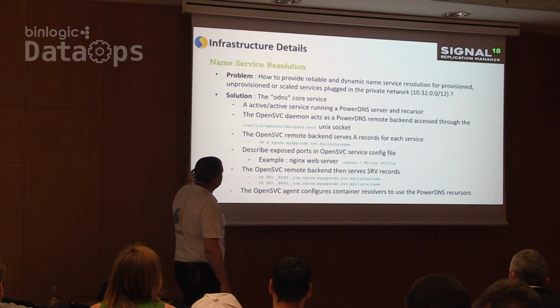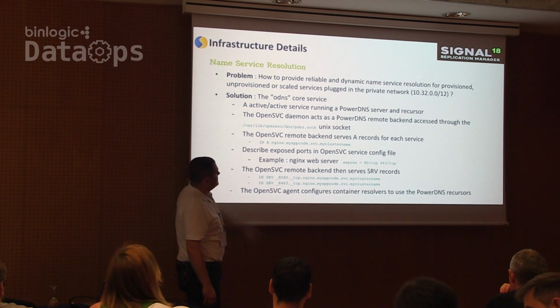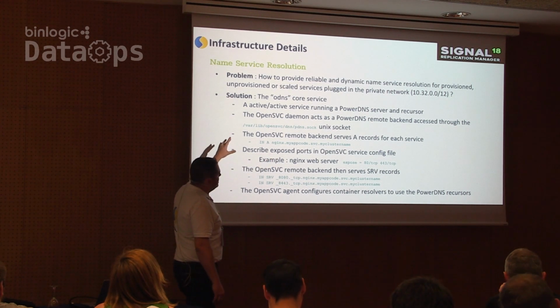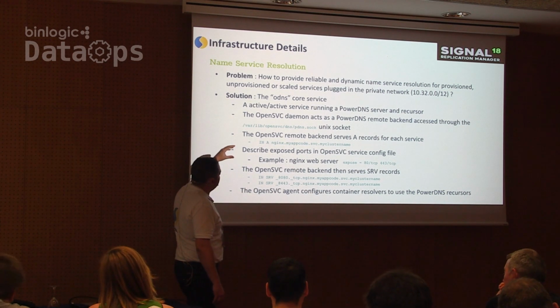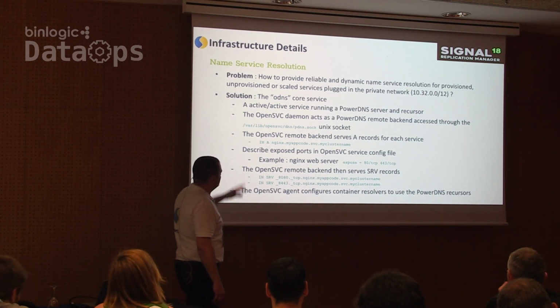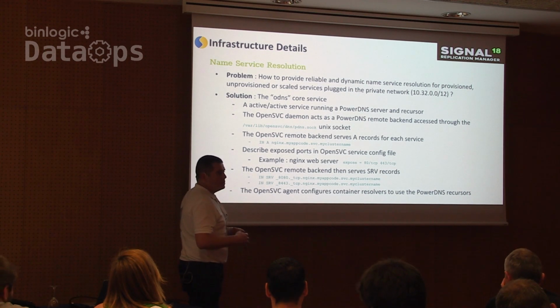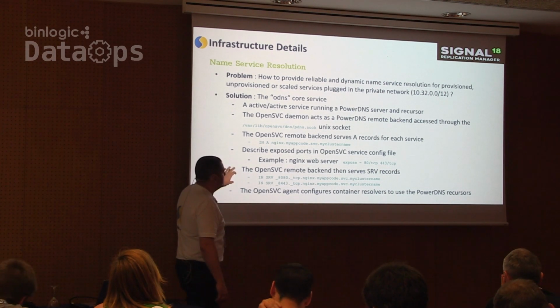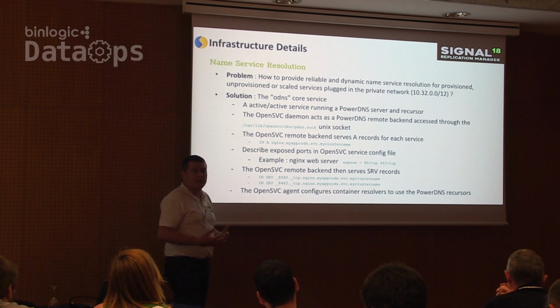The solution we use is, as Docker containers, we bring PowerDNS servers and recursor. In OpenSVC, we feed through a Unix socket the PowerDNS layer with DNS records, A records, and also SRV records to be able to identify which service is running where in the backend of the cluster.